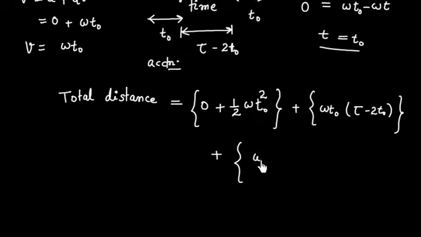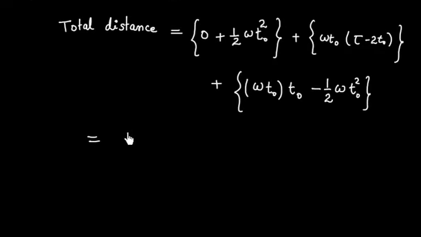So omega t naught from ut, with time t naught. Then omega t naught, and the acceleration is negative, so minus half omega t naught square. So this is the total displacement.